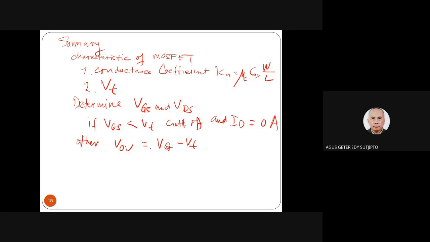Then if VDS is less than VOV, the overdrive voltage, we operate in triode mode.